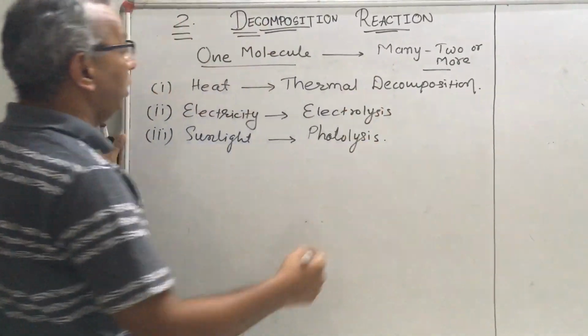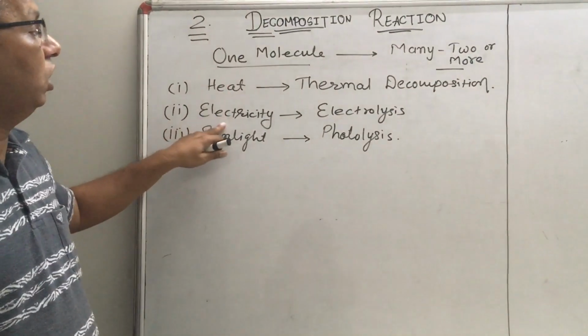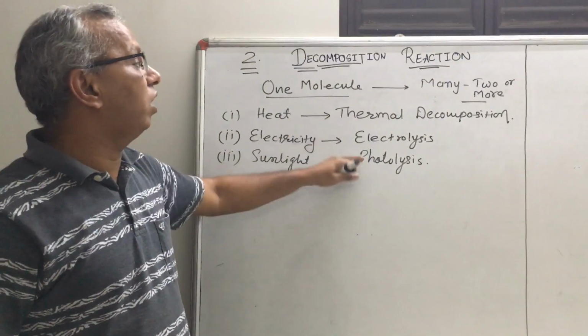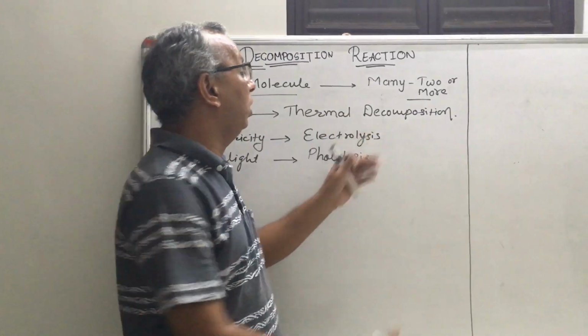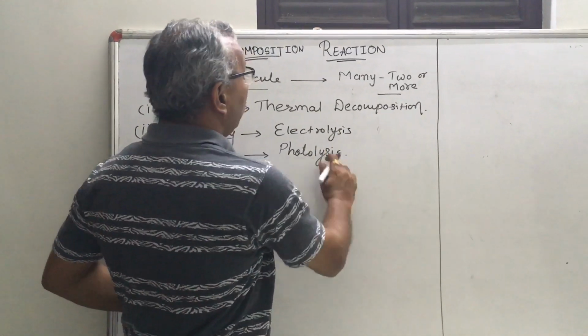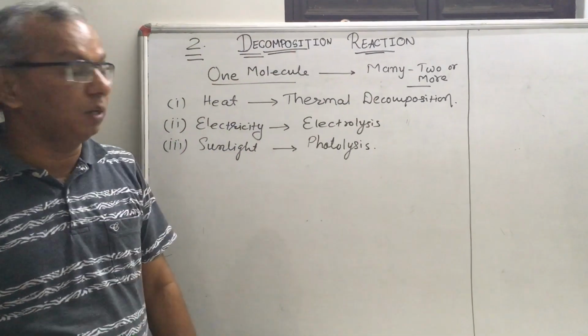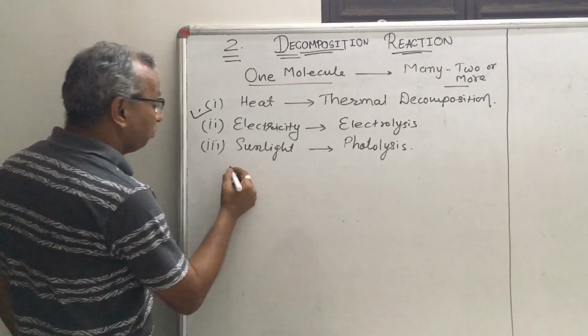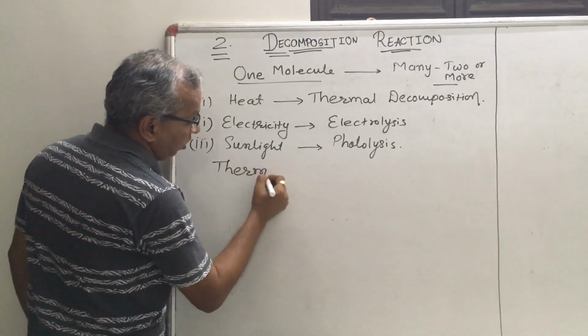So there are three types in which heat, electricity and sunlight are used to decompose a molecule. They are known as thermal decomposition, electrolysis and photolysis. These three are types of decomposition. Out of them, let's start with number one, that is thermal decomposition reaction.